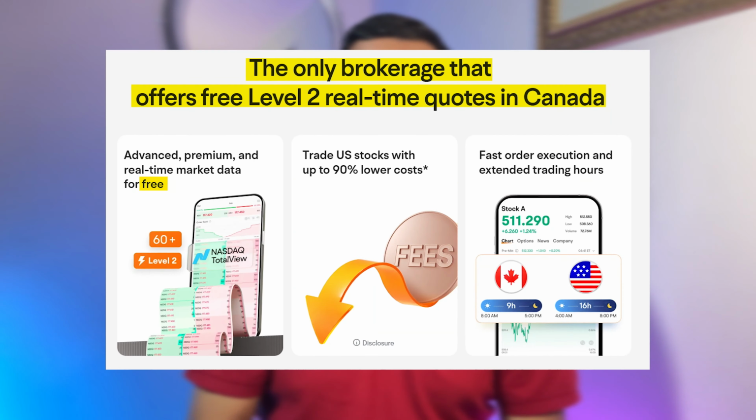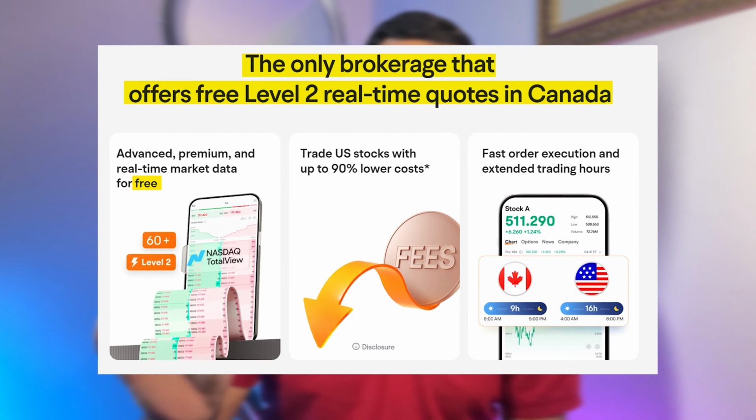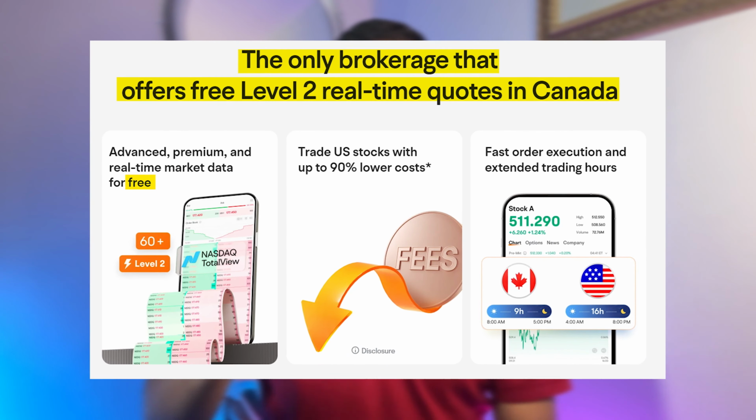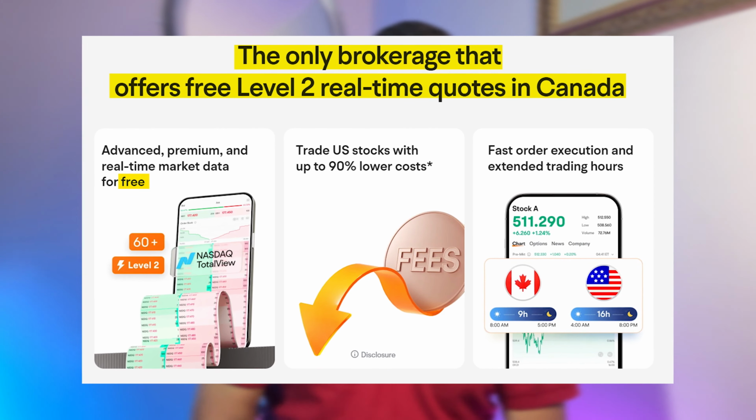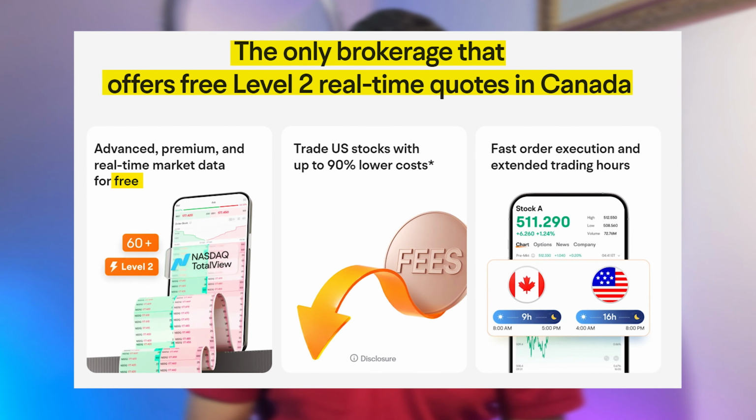And the best part about Moomoo is that it offers level 2 data for free for the funded accounts, which is a significant advantage compared to the other platforms where you might not get the level 2 data, or you might have to pay some extra fees to access that level 2 data.